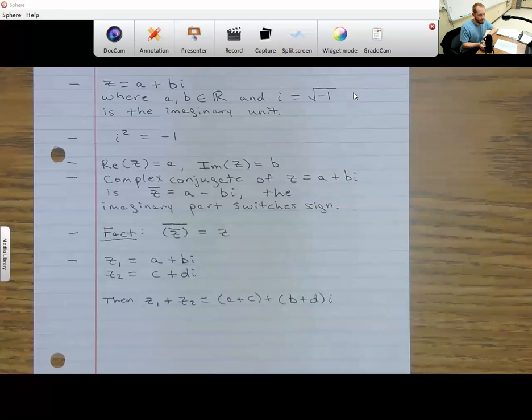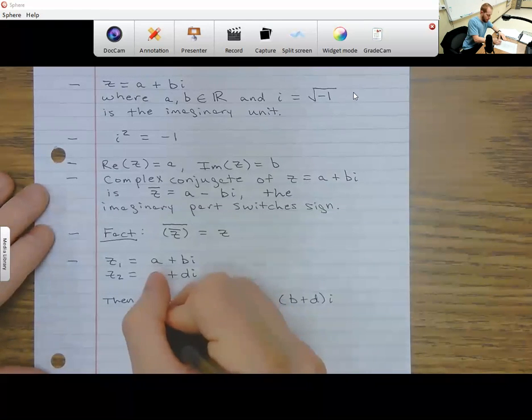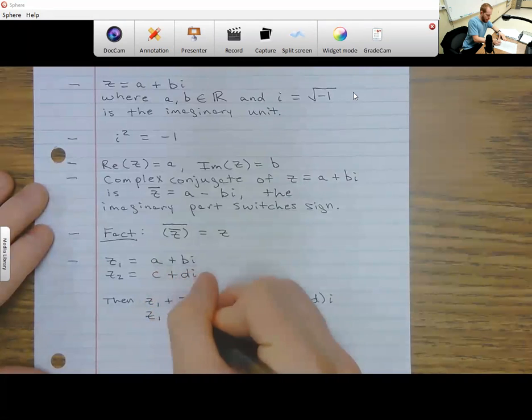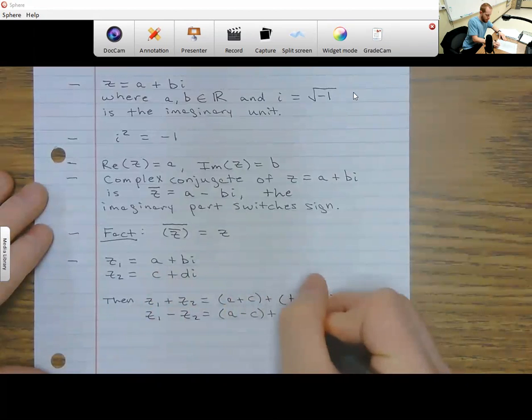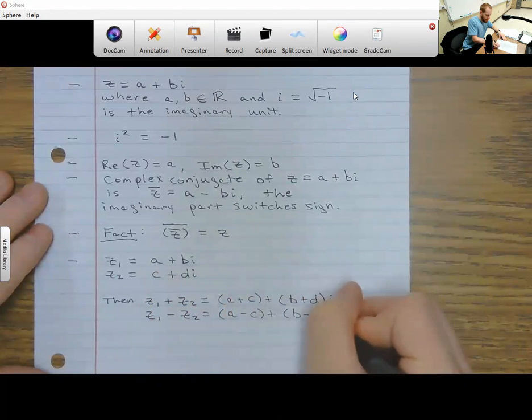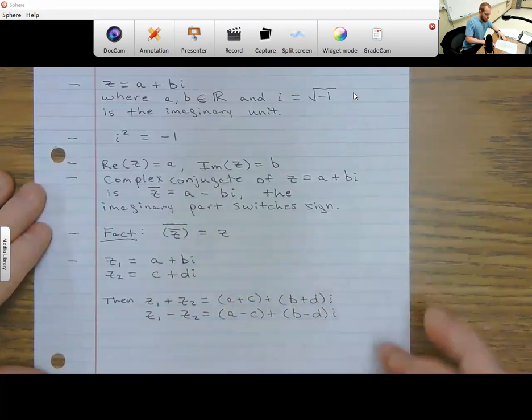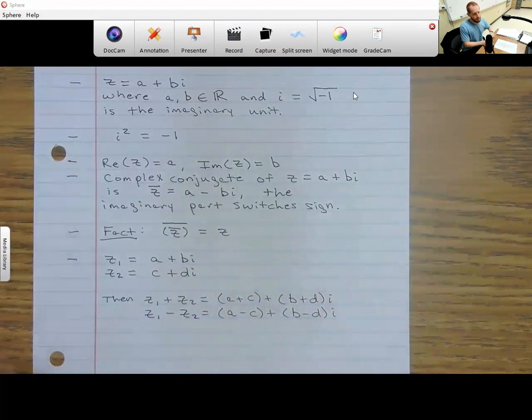So we have that, but we also have subtraction, right? We can subtract z1 and z2. So we also know that z1 minus z2 is equal to (a minus c) plus (b minus d)i. So we can add complex numbers, but we can also subtract complex numbers, right?